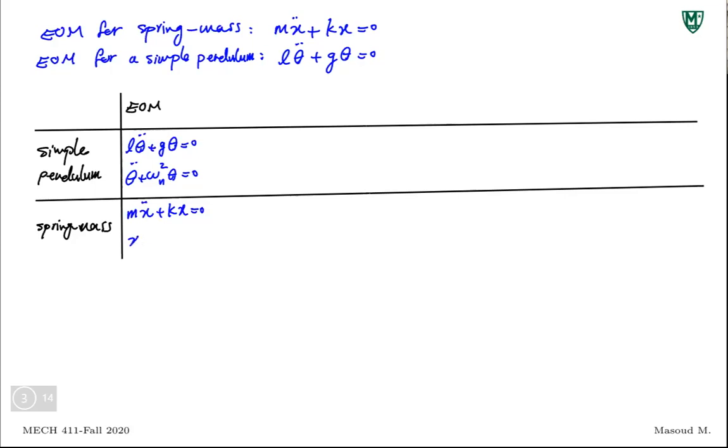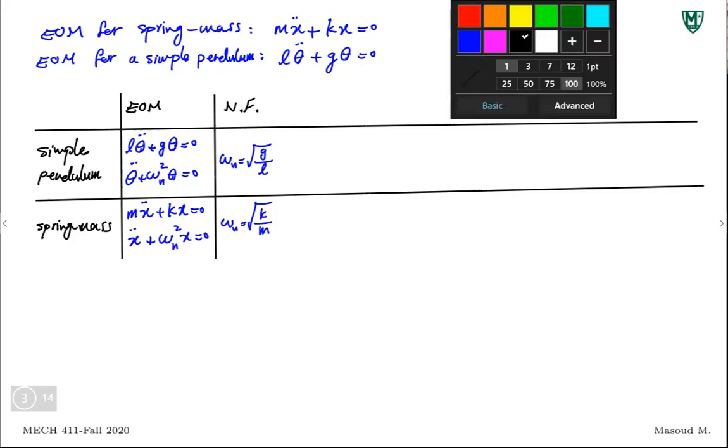Same thing here, x double dot plus omega n squared x is equal to 0, which means that the natural frequency, I'll show that with NF. Well, for a simple pendulum, we define that as square root of g over L. Now, for a spring mass system, we define it as omega n equal to square root of k over m.